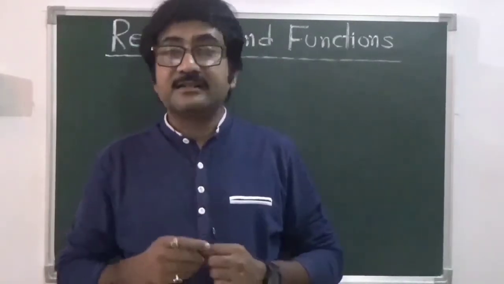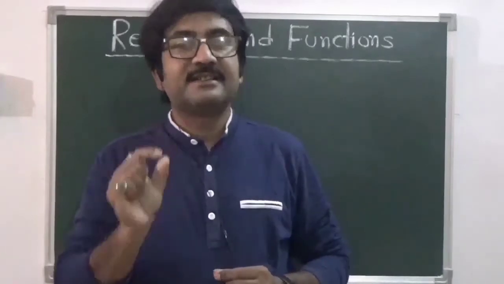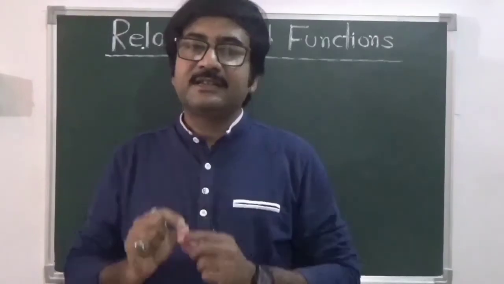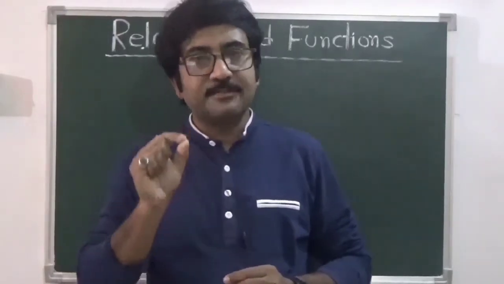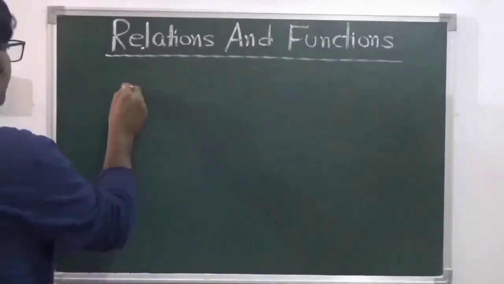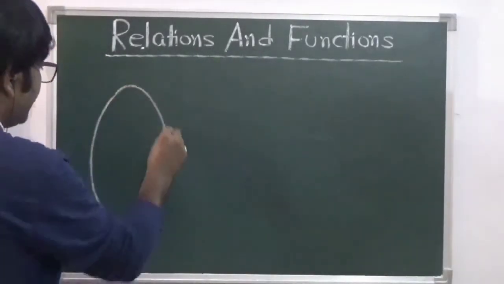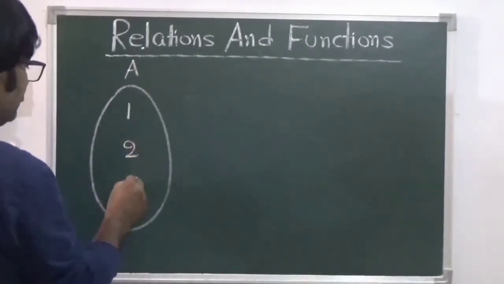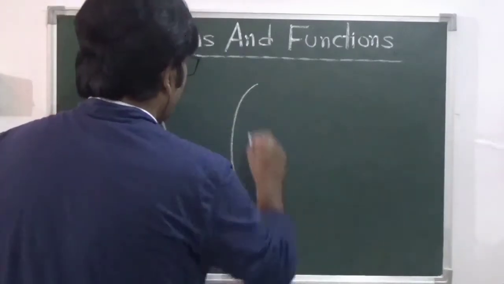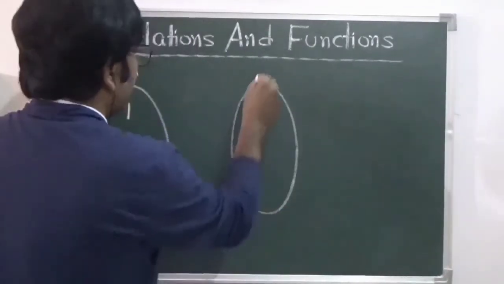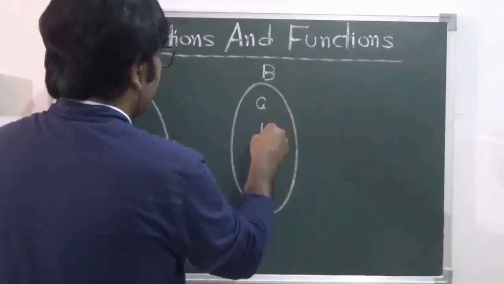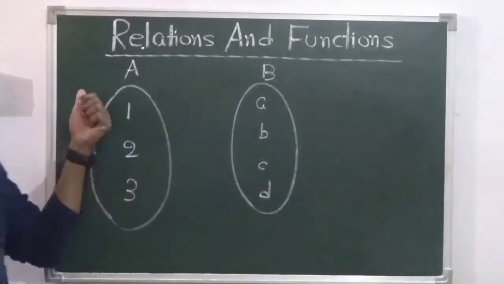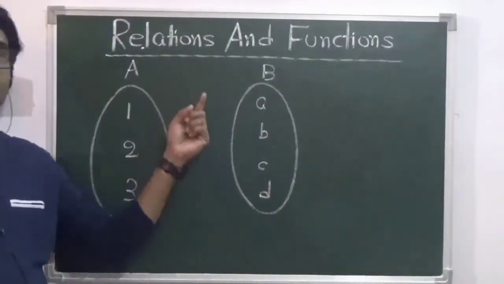If we are saying it is A cross B, this means all possible pairs that you get beginning from set A and ending with set B. So let us draw the Venn diagram for A cross B. This is set A consisting of the elements 1, 2, 3 and this is B having a, b, c, d.